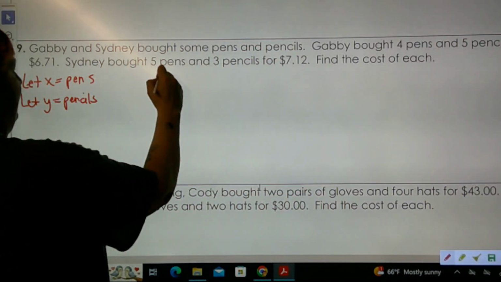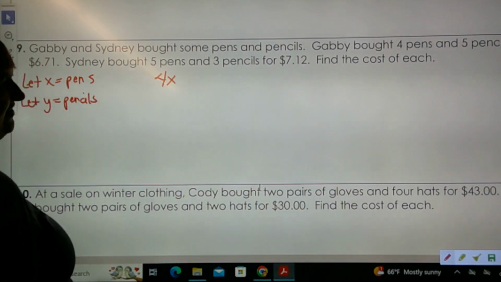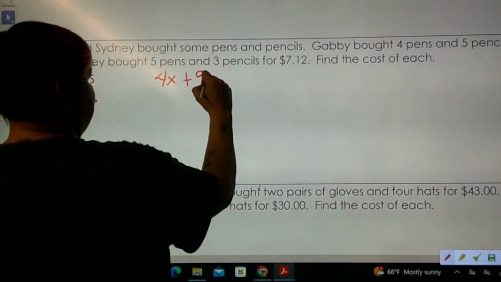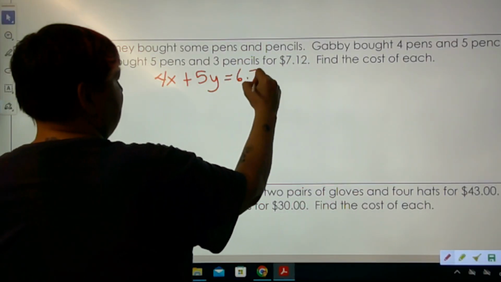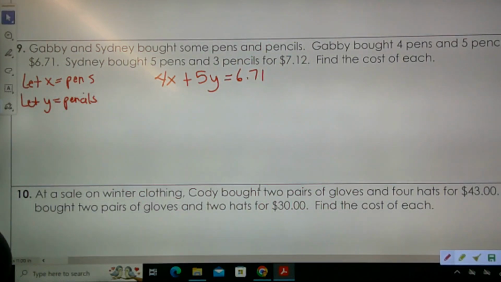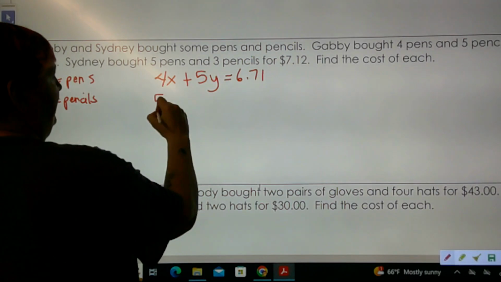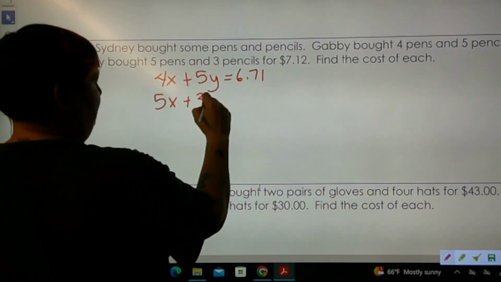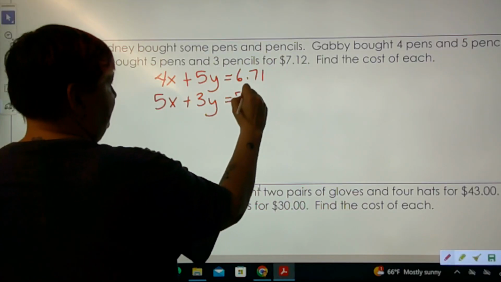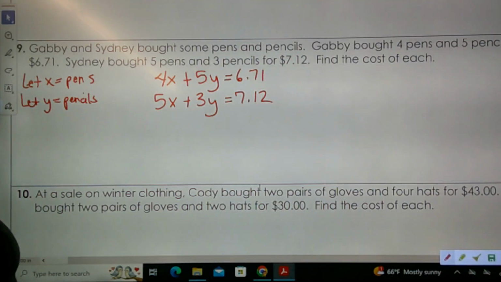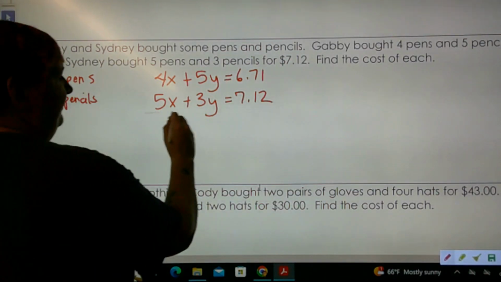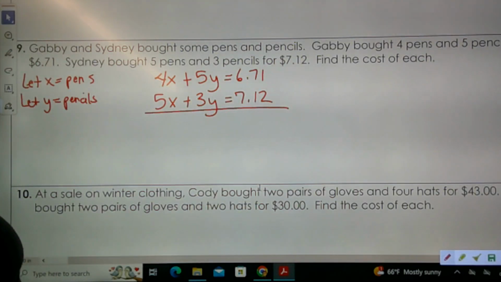Gabby bought 4 pens and 5 pencils for $6.71. Sydney bought 5 pens and 3 pencils for $7.12. Alright, first we have to decide what we're going to cancel.